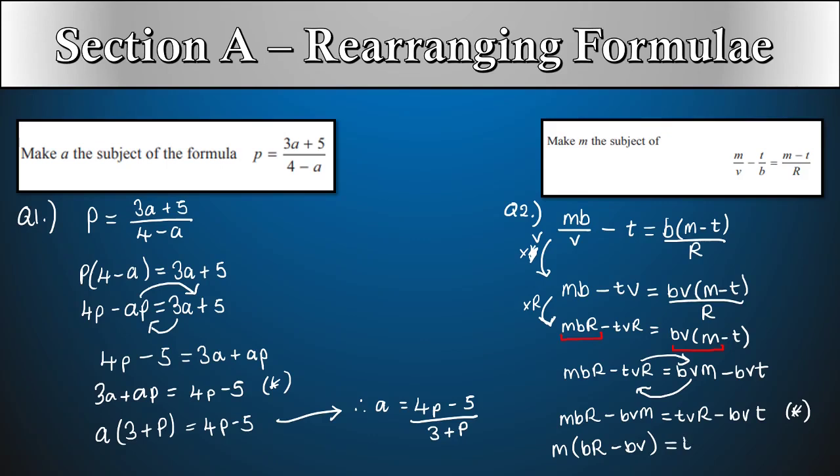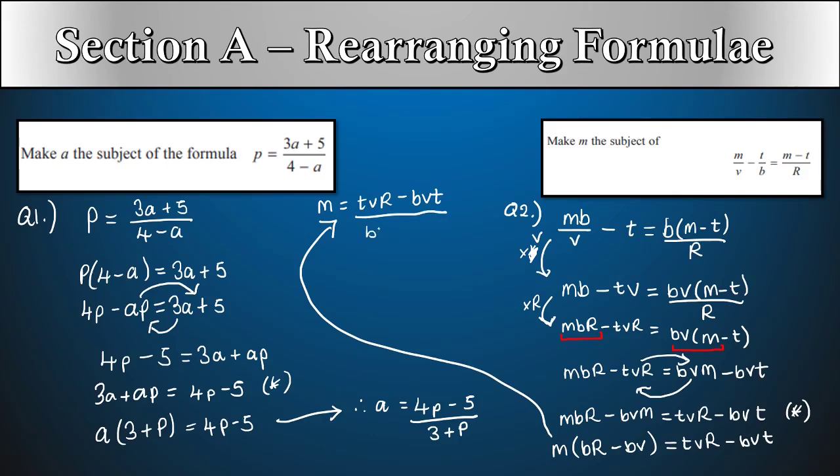This is equal to tvr minus bvt. And then finally, we just want m as the subject, so we finish it off up here. m will be equal to this right hand side divided by this. So what I'm going to get here is tvr minus bvt divided by br minus bv. And there we go.